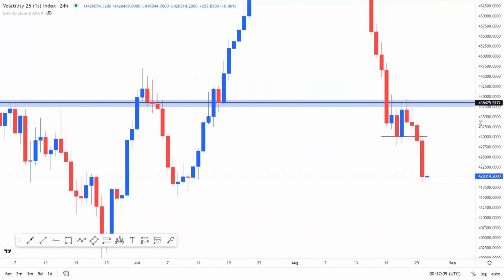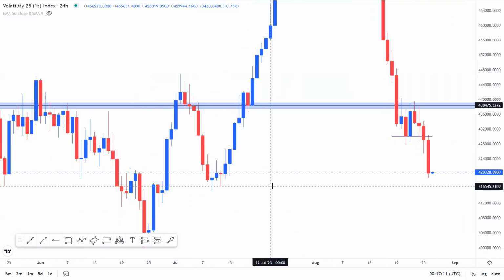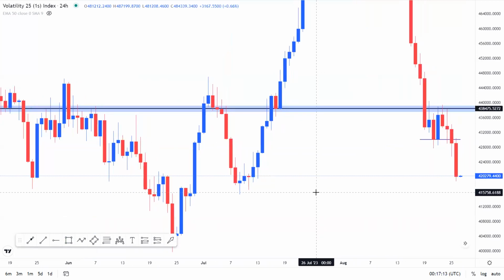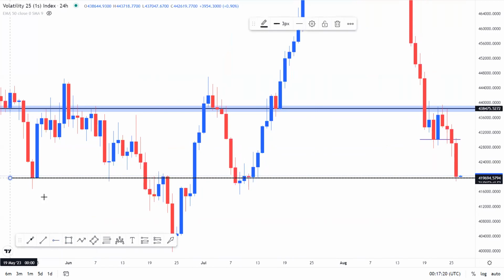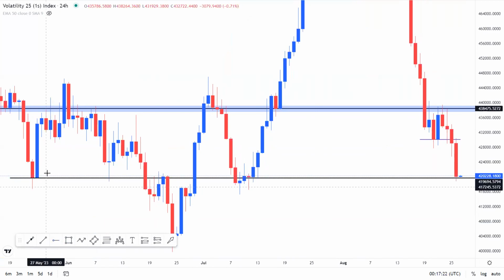And then look to our left again and identified the level right about here. Previously we had price coming to the level, and then the level acted as a support, and the level also as a support right about here.